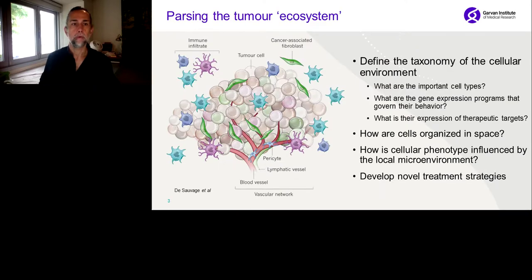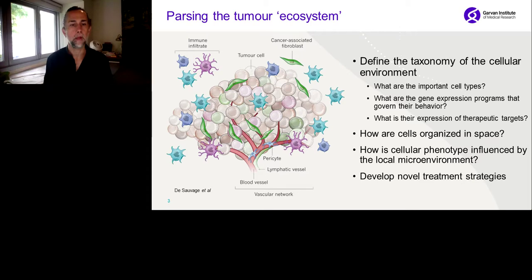Okay, so I've already described to you in my introduction how we think of tumors as ecosystems. And so the approach that we take in my lab to try to tackle this problem and understand the way these ecosystems function is several fold. The first is really that we need to understand the taxonomy of this ecosystem, this cellular environment.